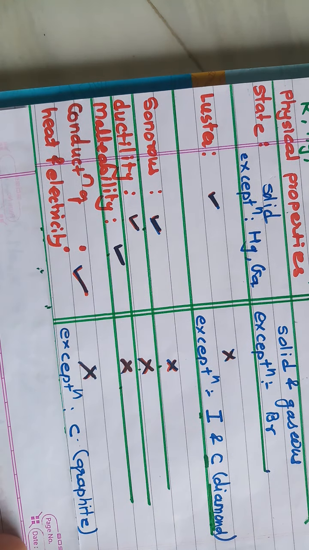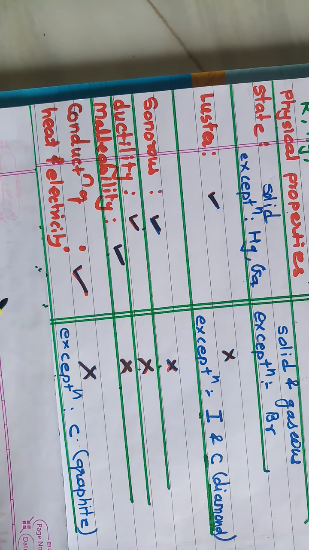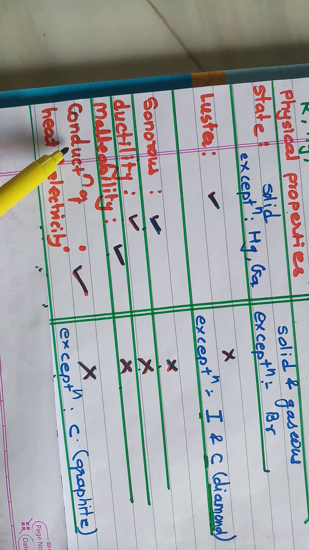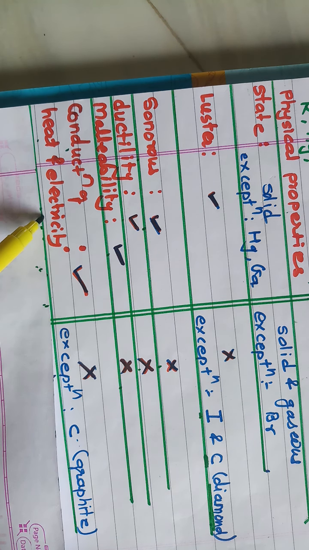Then, the conduction of heat and electricity. We know that in our houses, to supply electricity we use copper wire, because copper is a metal and metals are good conductors of heat and electricity. They easily conduct heat as well as electricity.